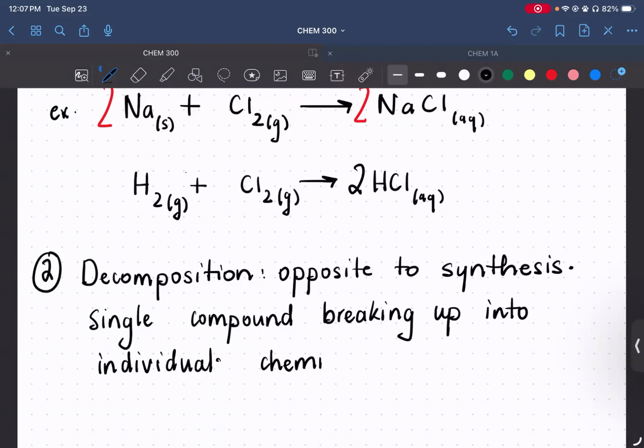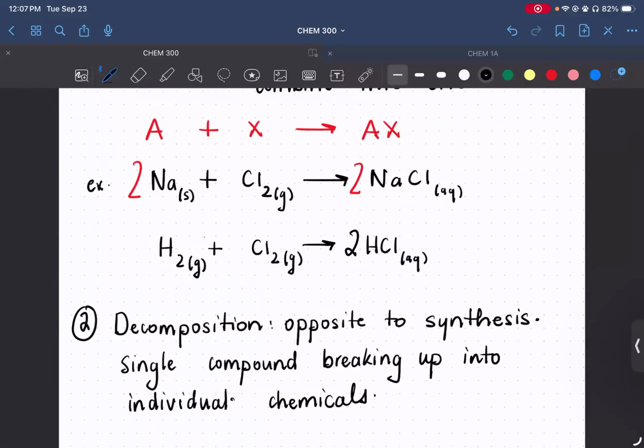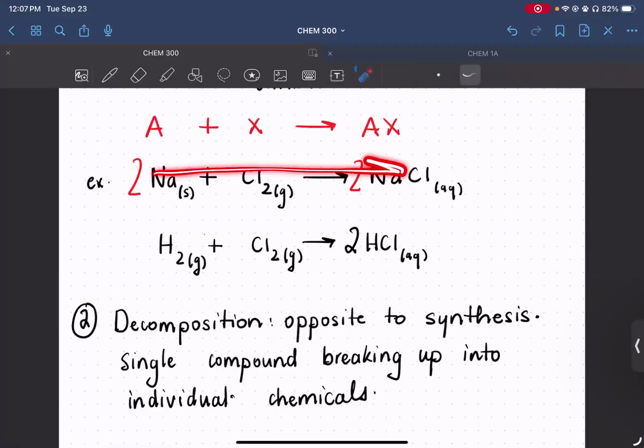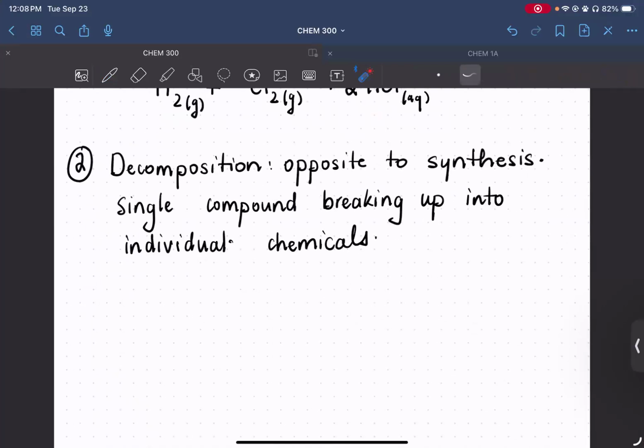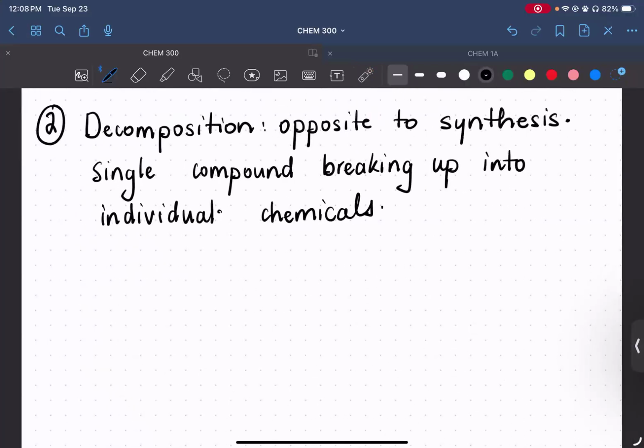We need not look too far for some classic examples of this. In fact, I just said it's the opposite to synthesis. We saw two examples up here. So the best couple examples of decomposition is the opposite. 2NaCl, aqueous, breaks down into 2Na, solid, plus chlorine gas.